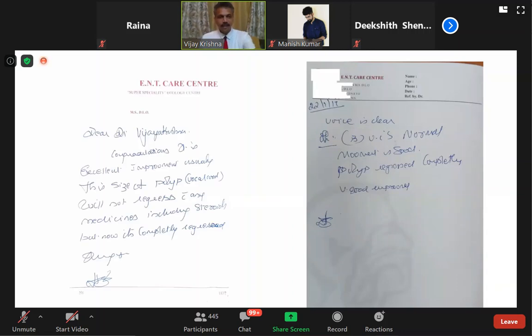And he also wrote back to me, which is very unusual in the present generation. Dear Dr. Vijaykrishna, congratulations, doctor. Excellent improvement. Usually this size of polyp, remember, it is the best ENT surgeon who writes back to us. This size of polyp will not regress with any medicines, including steroids, but now it is completely regressed.